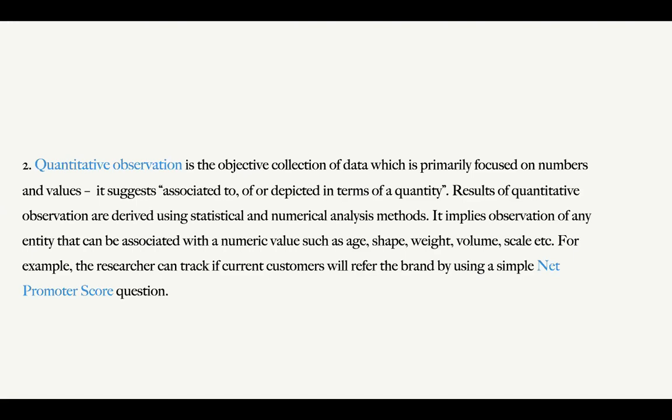It implies observation of any entity that can be associated with numeric values such as age, shape, weight, volume, scale, etc. For example, the researcher can track if current customers will refer the brand by using a simple net promoter score quotient.